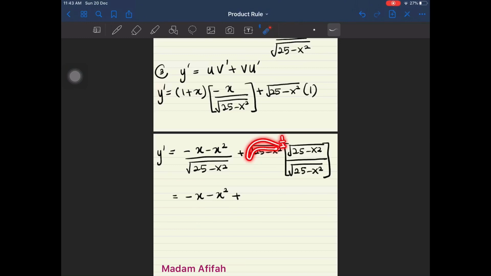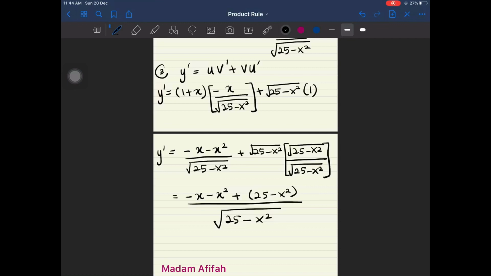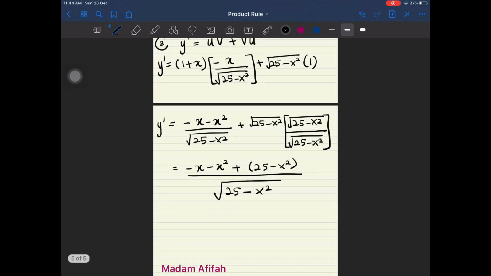The square root here means power of 1 over 2. When you have a multiplication, the powers we need to add. So 1 over 2 plus 1 over 2 gives you 1. Therefore you will have 25 minus x squared, the whole thing over square root of 25 minus x squared.